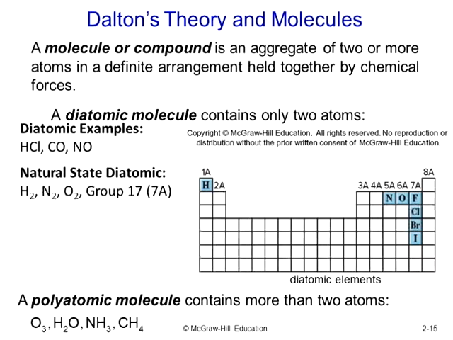Ozone, which we know is in the stratosphere, protects the Earth from UVC rays coming through, and it also helps warm the Earth. Then we have other polyatomics, of which there are too many to name at this time.